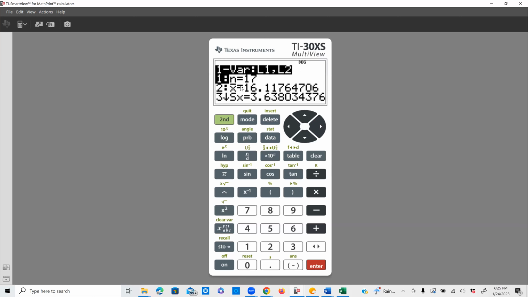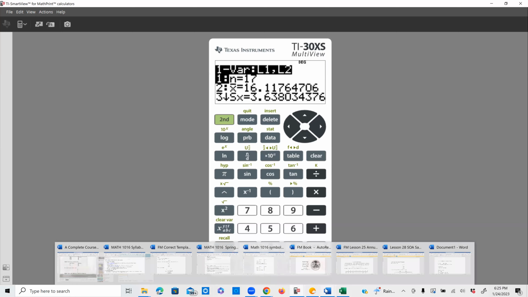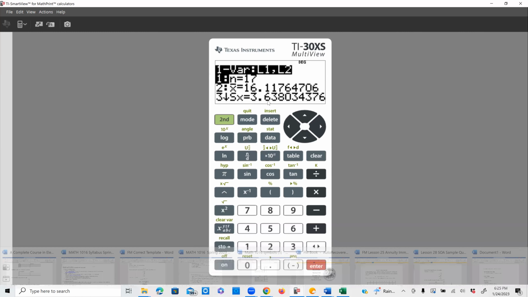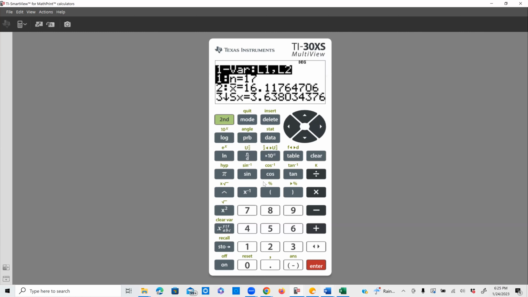So X bar is the sample mean, which would be 16.12 if we were to round to 2 decimal places. So sample mean is 16.12. Standard deviation is 3.64. Remember, Sx is the sample standard deviation. 16.12 and 3.64.